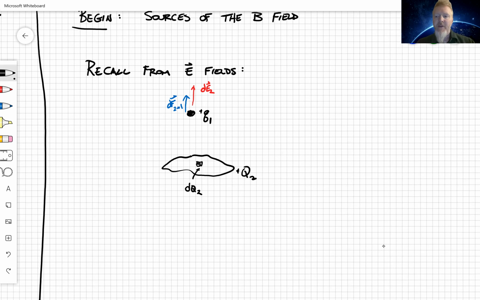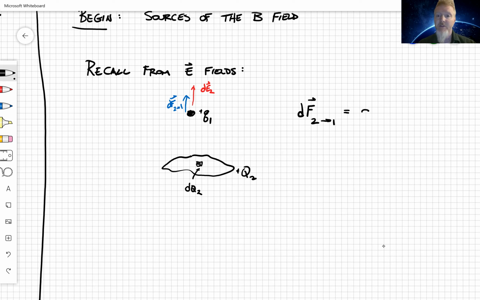So what we would have done was we would have written for dF21. So if we want to calculate the force of 2 on 1, we would have said, well, via the Lorentz force law, right?